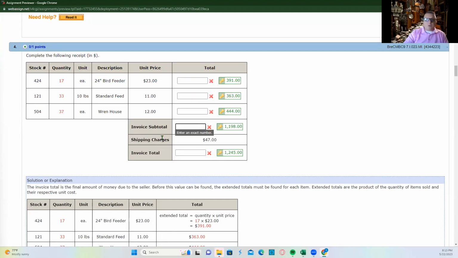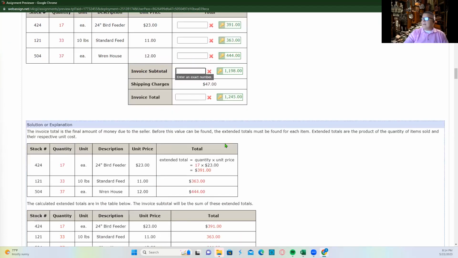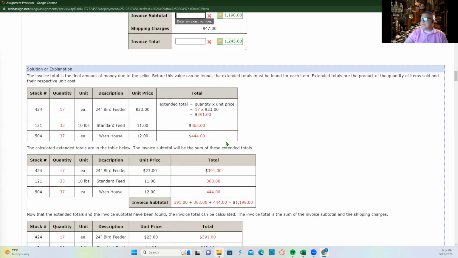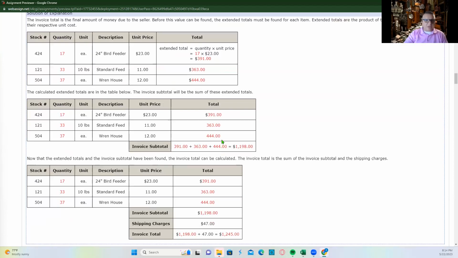But just so you know, shipping, insurance, things like that are going to go down on a separate line item. And then you're going to have an invoice total. So your subtotal is just adding up all the stuff you ordered. I'm going through these kind of slow, so if you need to stop this later, you can see it.